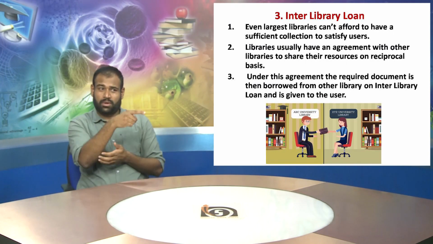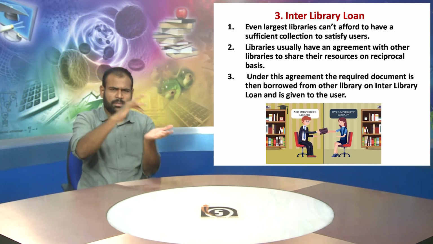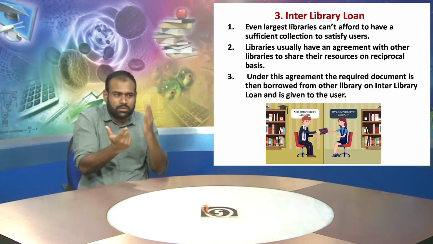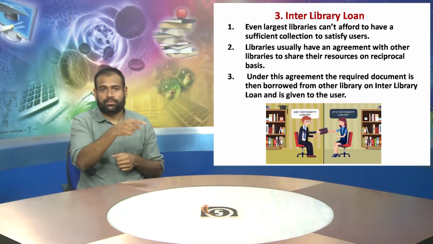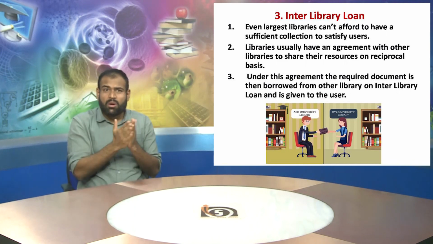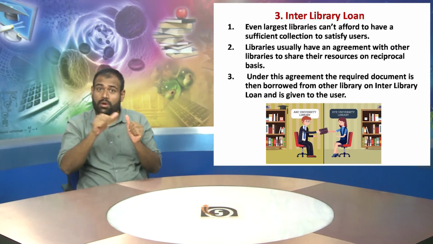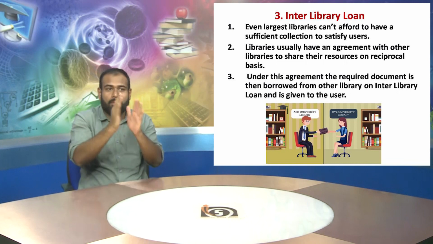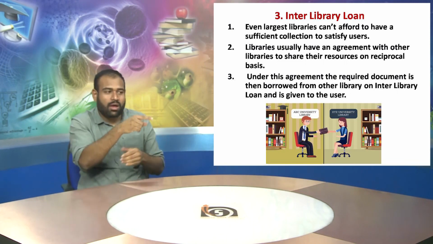This is the third essential service of library, which is interlibrary loan. Even the largest libraries can't afford to have a sufficient collection to satisfy all the users.